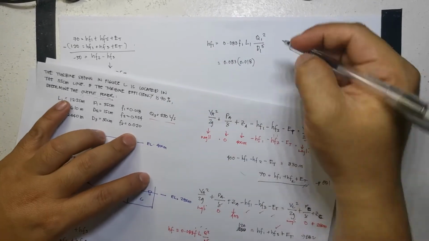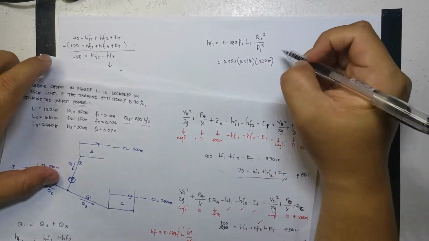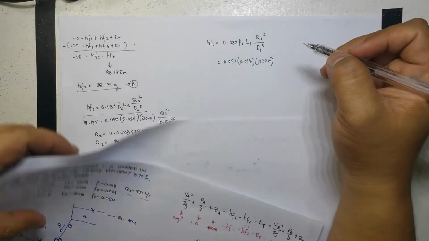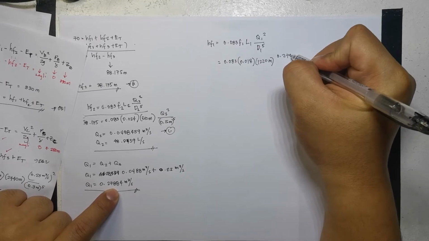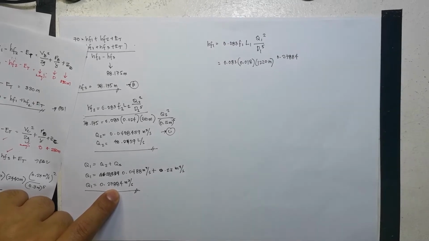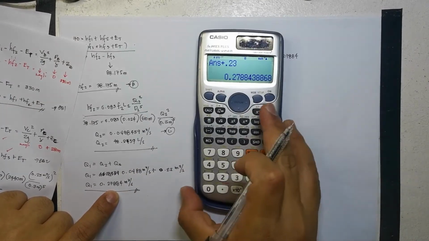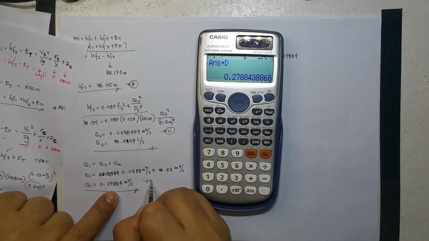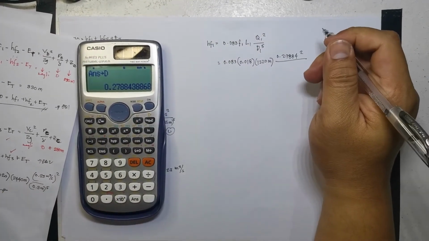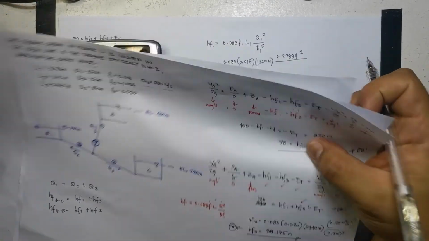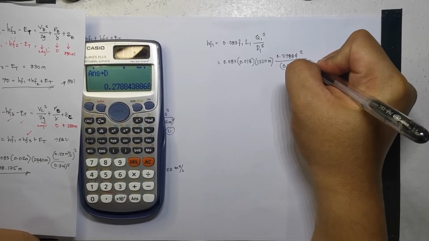Then the length 1 is 1,220 meters. Then Q1 is 0.2788 to the 4. I had not stored this, shift store. This is D, squared over D raised to 5. D raised to 5 is 35 centimeters or 0.35 meters raised to 5.